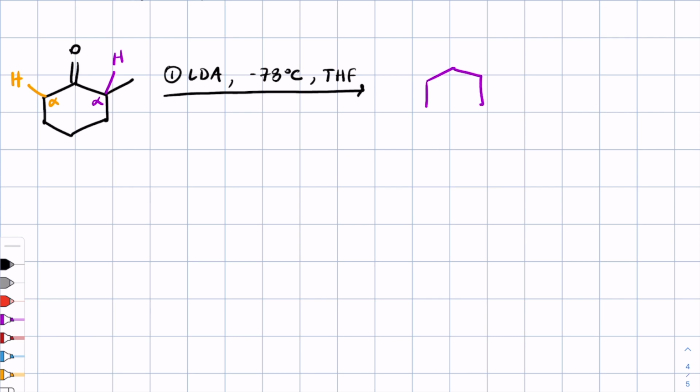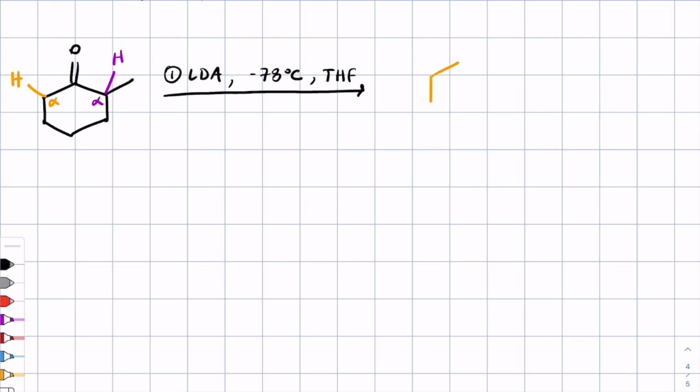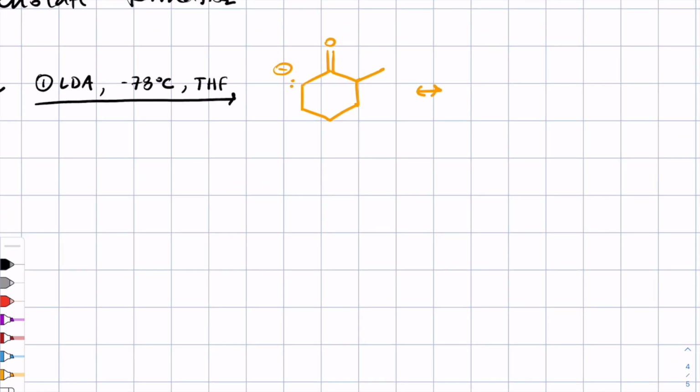That should generate, hopefully in a major percent yield, the enolate. LDA should remove the less substituted alpha proton fastest. So that should get us to this less substituted enolate, which I can draw in either of these 2 resonance structures.